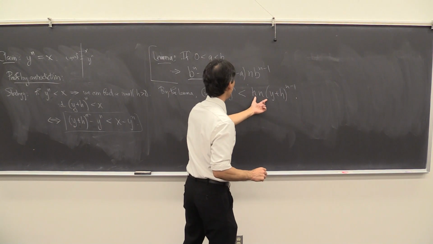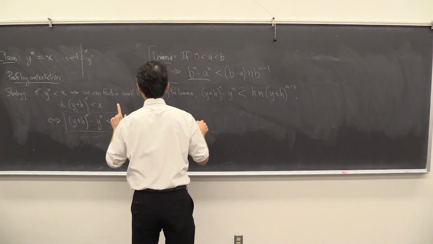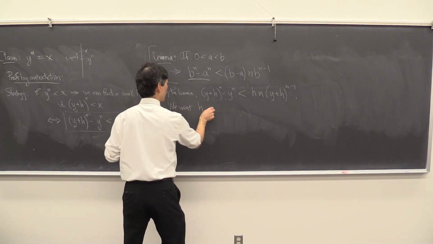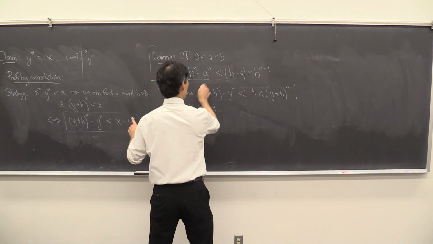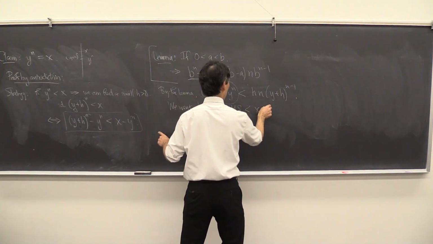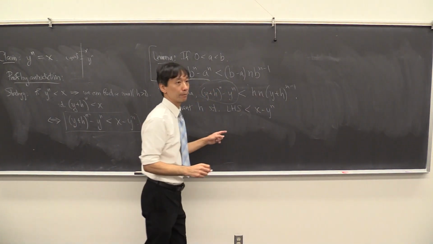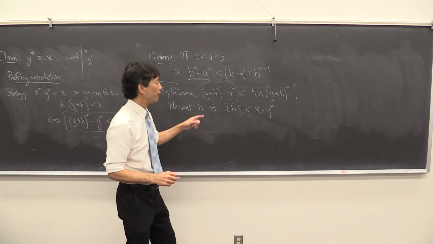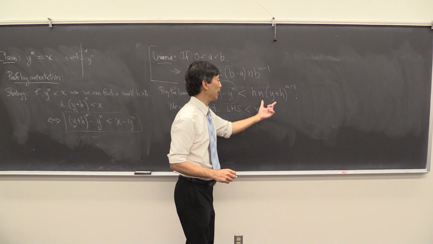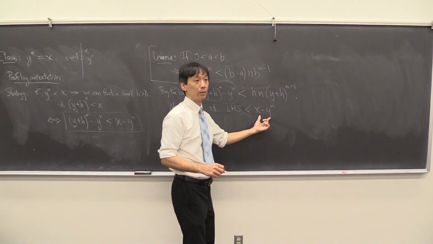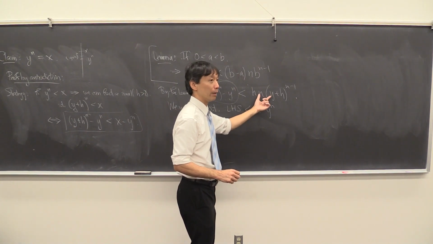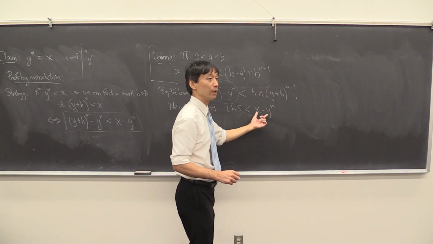And what we want, remember, is an h so that the left-hand side is smaller than x minus y to the n. So if we can find an h small enough that this intermediary bound is smaller than this, we're done.